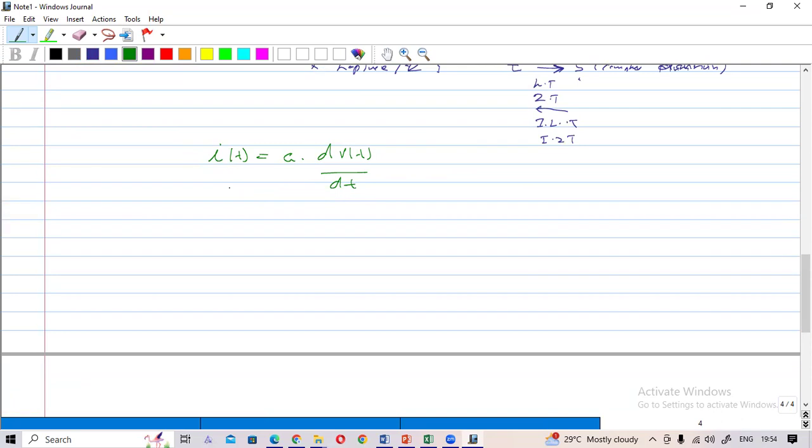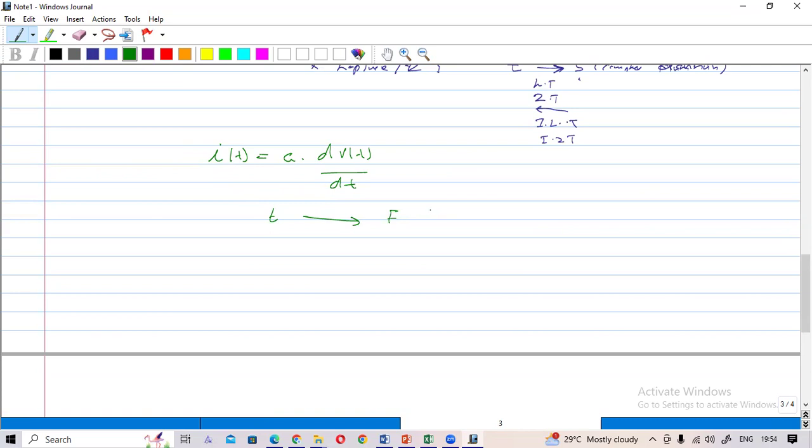Let's say that I am going to transfer this time domain into frequency using the Fourier transform. You can do the other transforms also, the same concept applies. So let's say that i(t) is transformed into the frequency domain as I(omega) using the Fourier transform, and v(t) is transformed to the frequency domain as V(omega) using the Fourier transform.